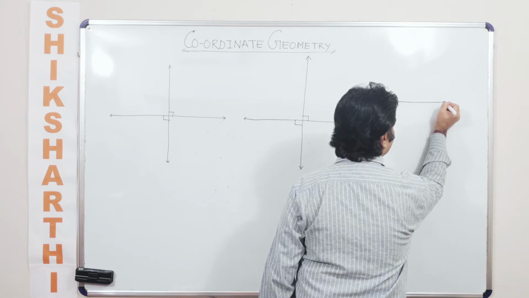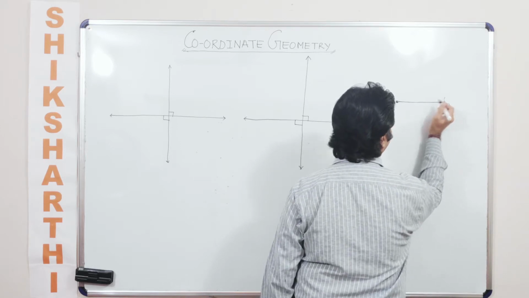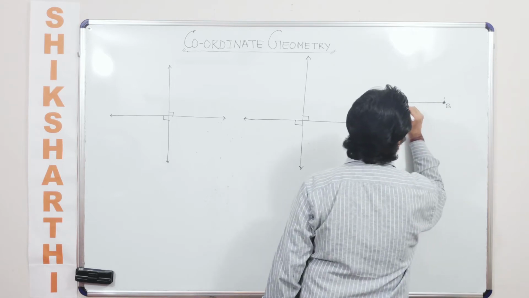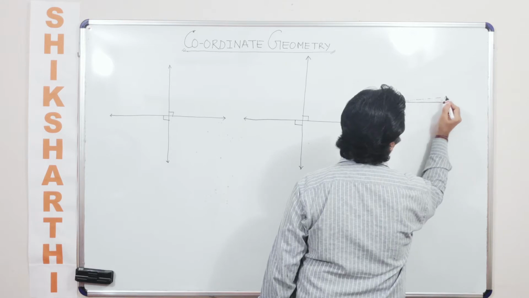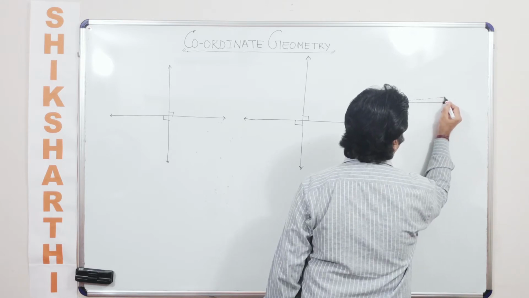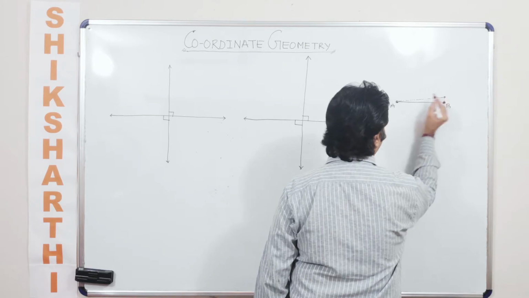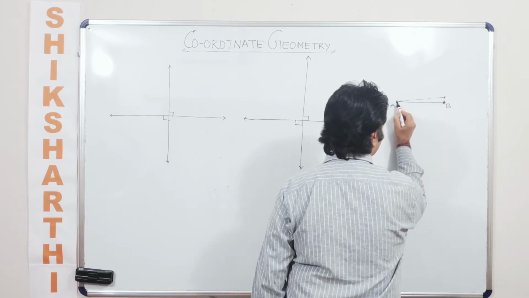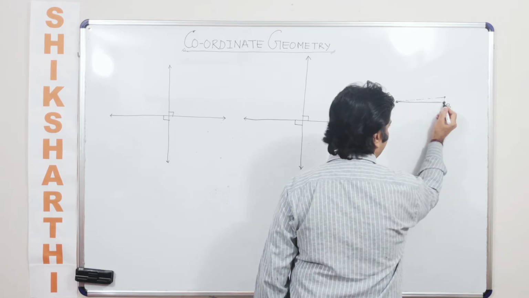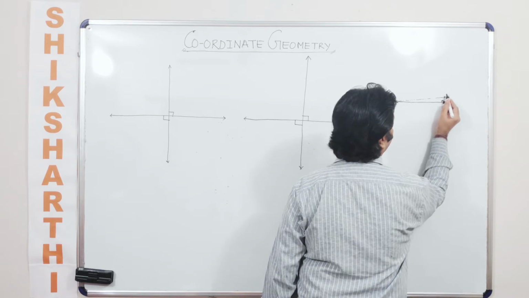Now I can increase the height of this point B, keeping point A constant. When I increase the height of this point, it gives rise to another point, at least one more point. Increasing the height means going perpendicular.